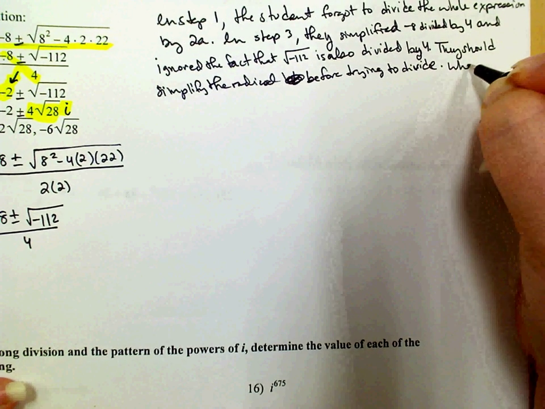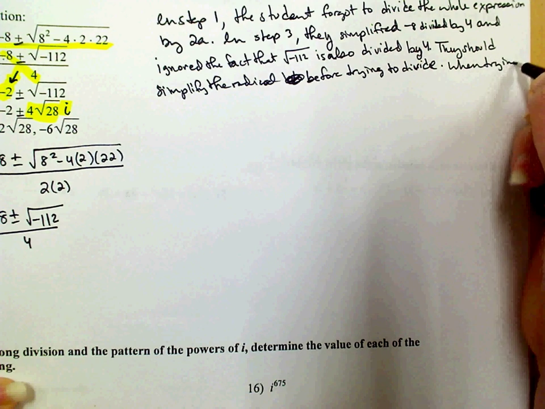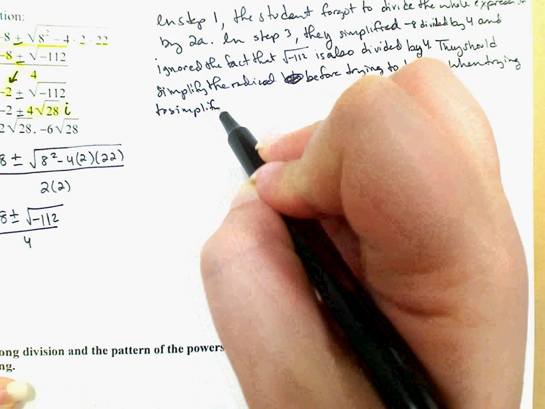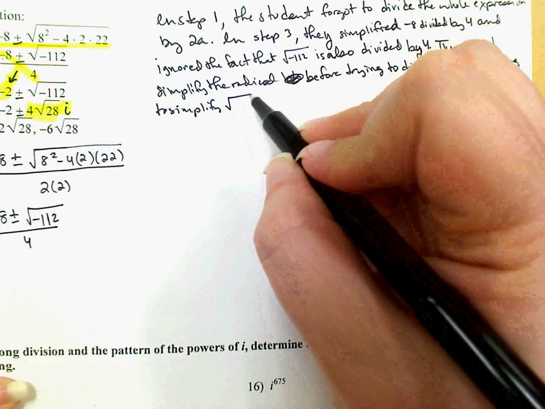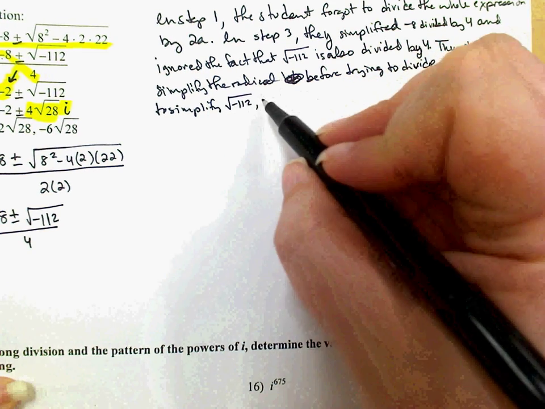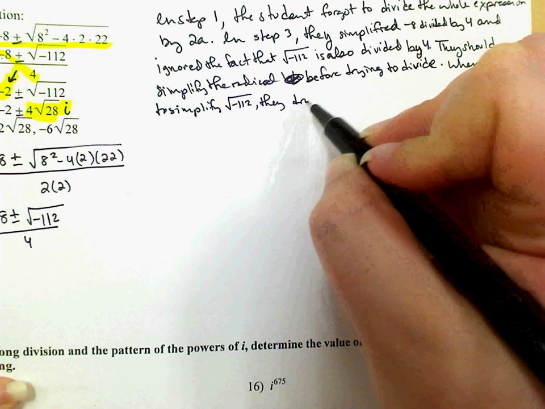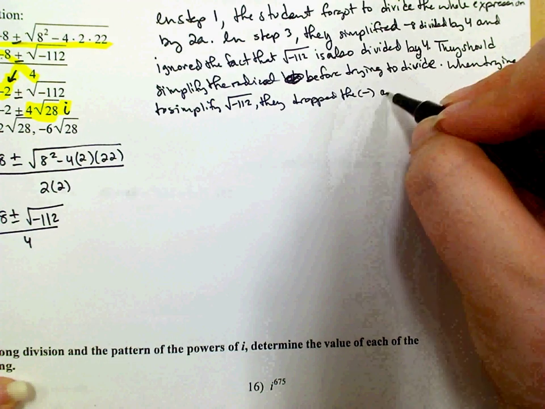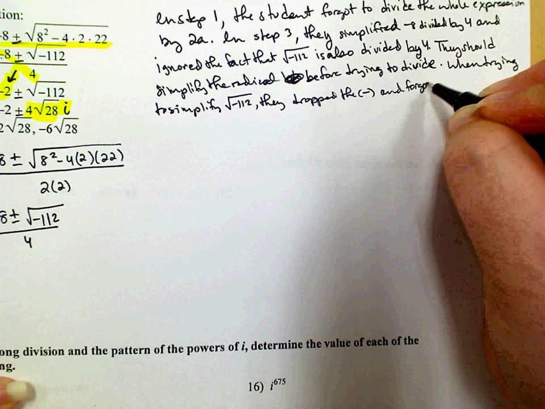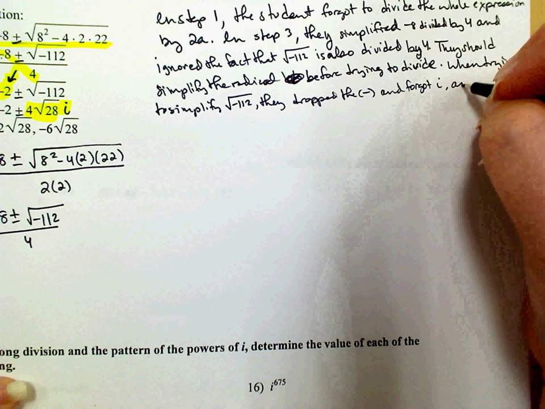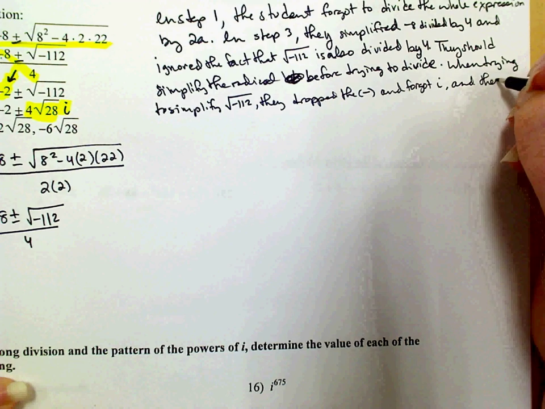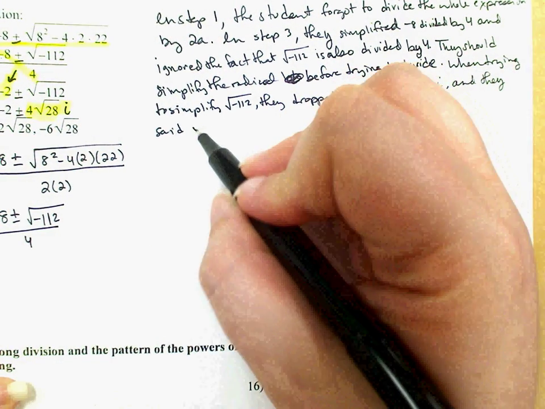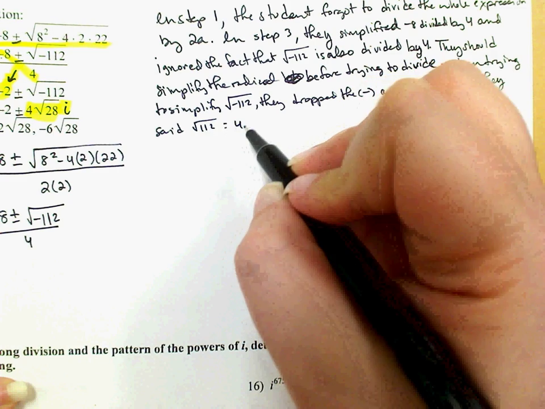When trying to simplify the square root of negative 112, they dropped the negative and forgot i, and they said the square root of 112 equals 4 square roots of 28.